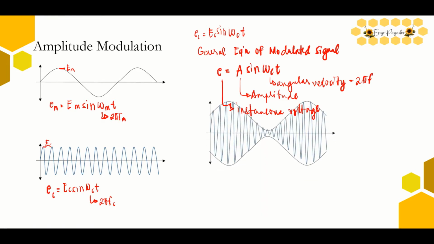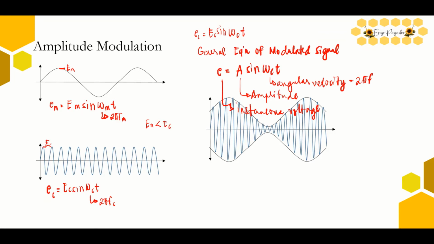Now, how do we represent our modulated signal in an equation? The zero reference line of the modulating signal coincides with the peak value of the unmodulated carrier. In general, the amplitude of the modulating signal must be less than the amplitude of the carrier signal.